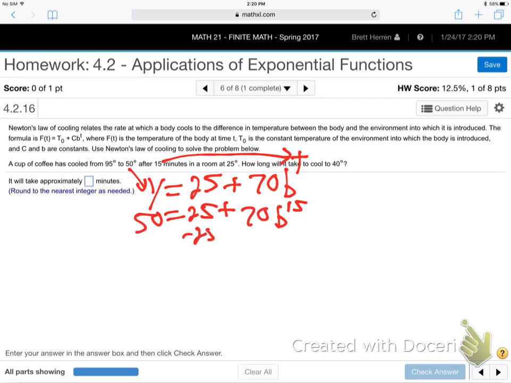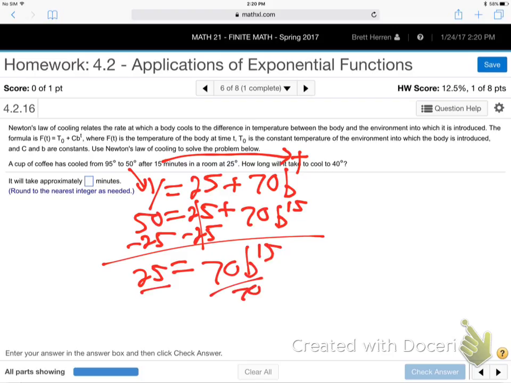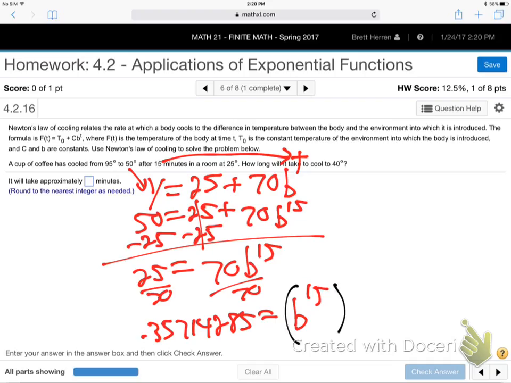Subtract the 25 from both sides, 70 B to the t, divide by the 70, and I got 0.35714285 is B to the 15th. Then you raise both sides to the 1/15th power, and so you get B equals whatever your calculator says.